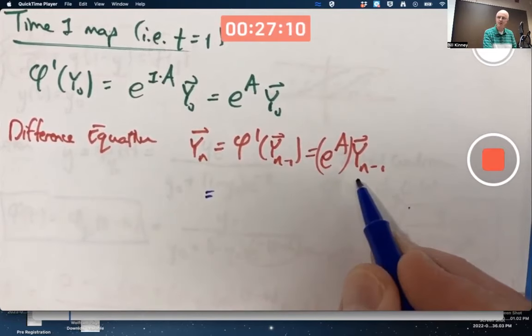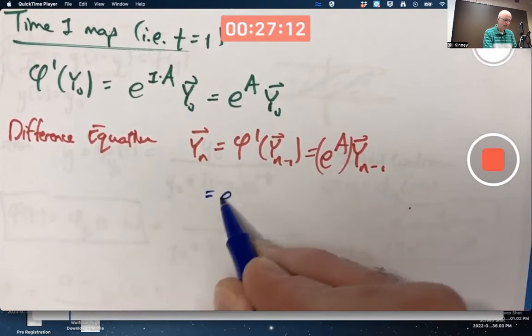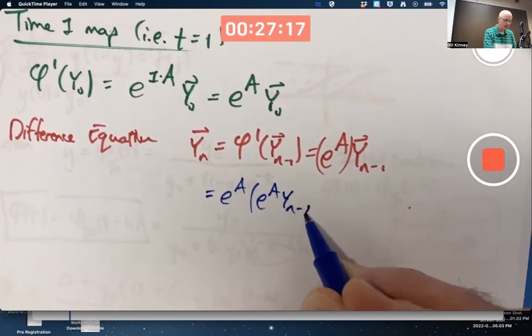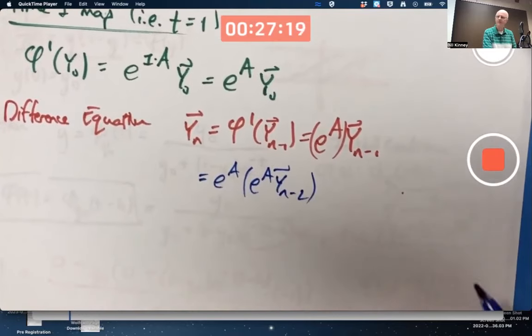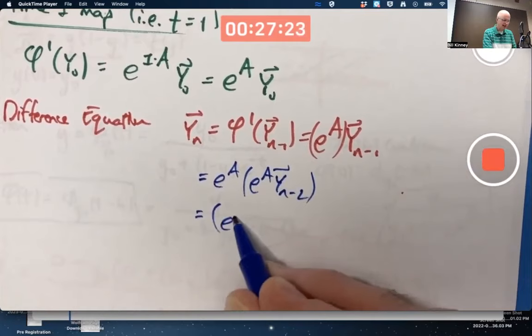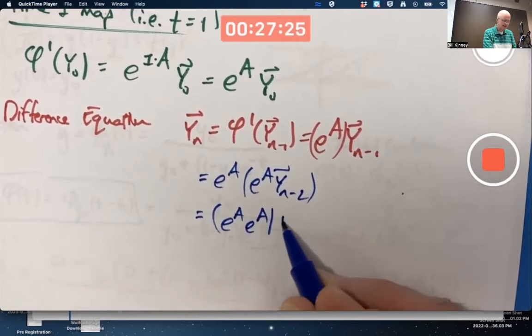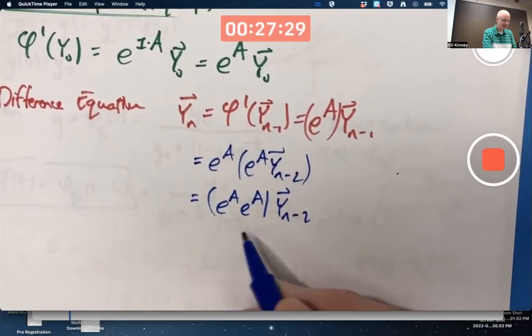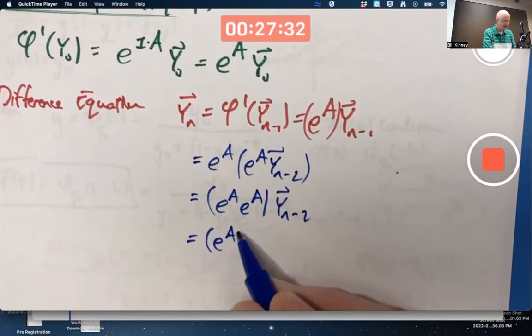Yn is e to the a times yn minus 1, but yn minus 1 is e to the a times yn minus 2. Use the associative law, I guess that's the same as this. And I guess e to the a times itself, is that e to the a squared?